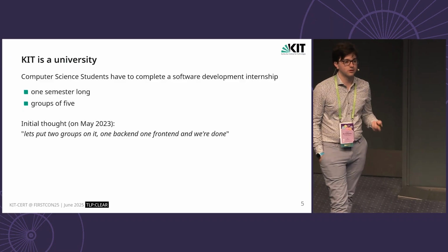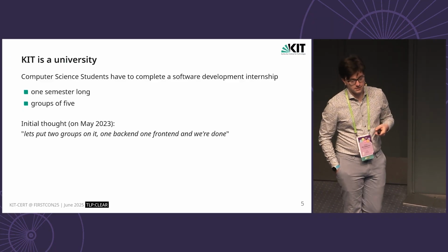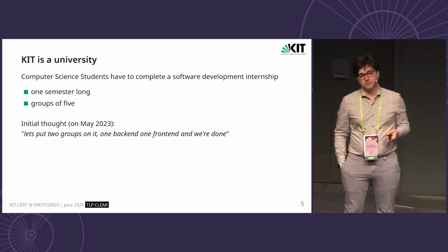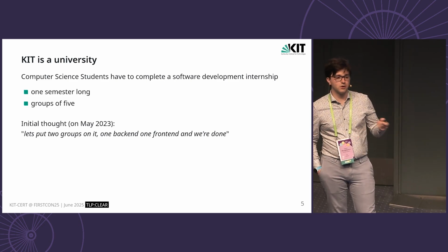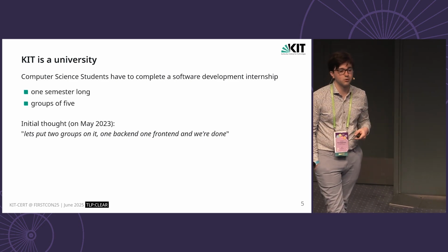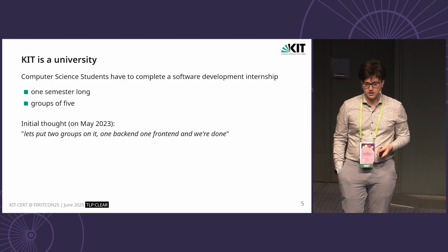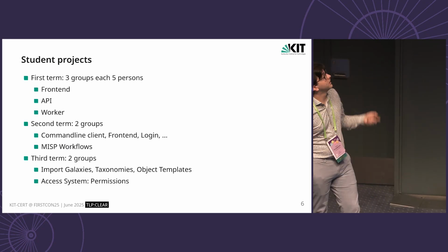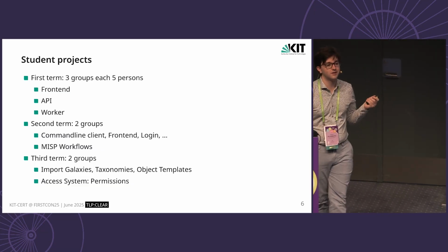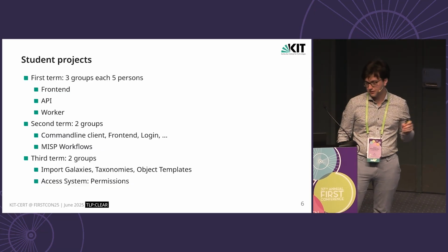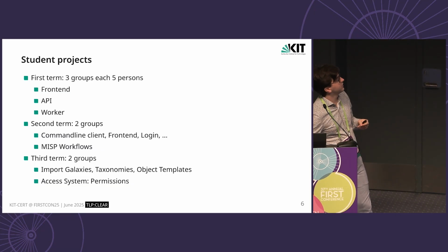One semester long, in groups of 5. And I thought, yeah, just put 2 groups together. One is developing the front end, one is doing the back end, and we're good to go. Shouldn't be that hard. Well, it turned out to need at least 3 rounds. We're still not finished, but we're in a good state.